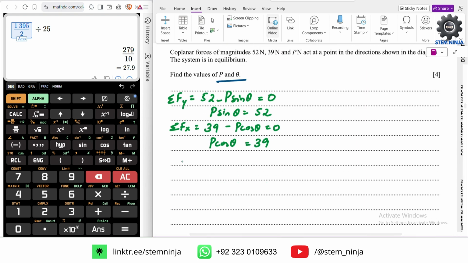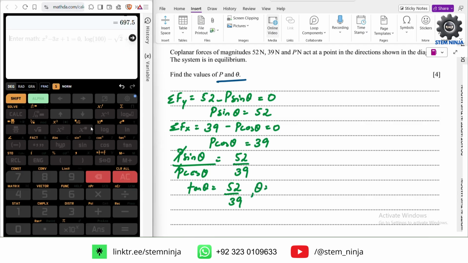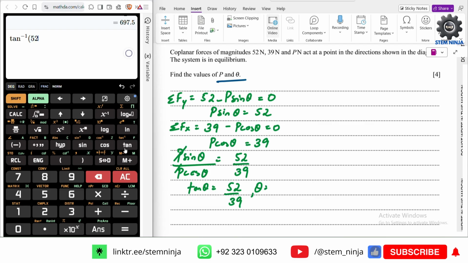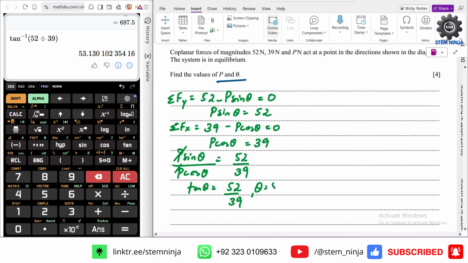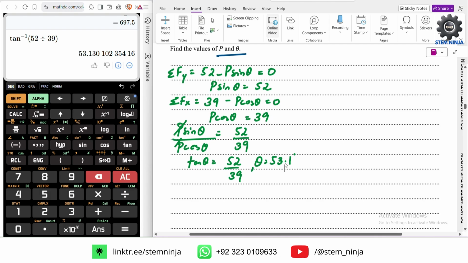So we need p and theta, so we make it this way: p sine theta over p cos theta. You get 52 over 39. So p and p get cancelled, so that becomes tan theta equals 52 over 39. So therefore theta would be tan inverse of 52 divided by 39, 53.1 degrees.